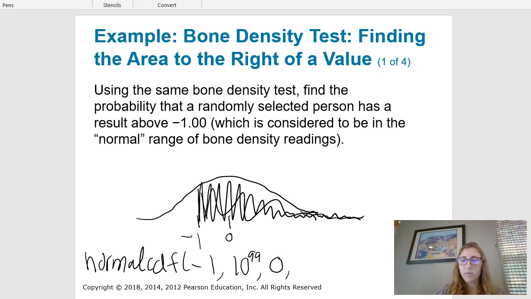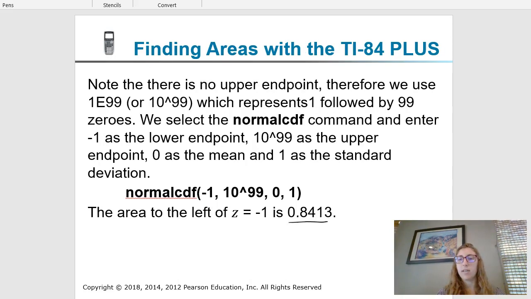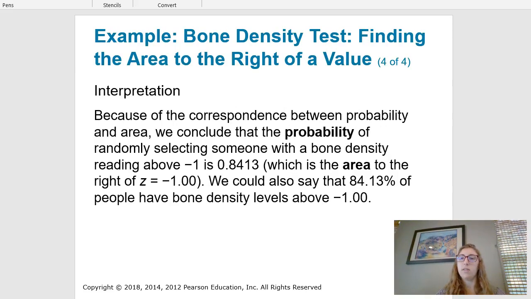Again, standard normal distribution, mean of 0, standard deviation of 1. We plug that into our calculator and we're going to get 0.8413. So this is saying the probability that a randomly selected person has a bone density of above -1 is 0.8413.